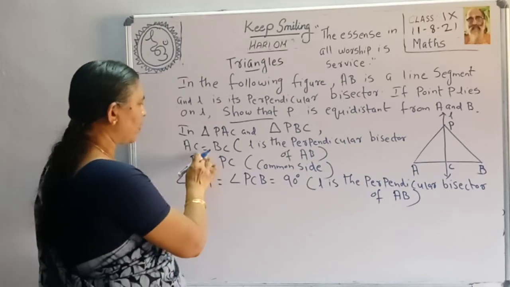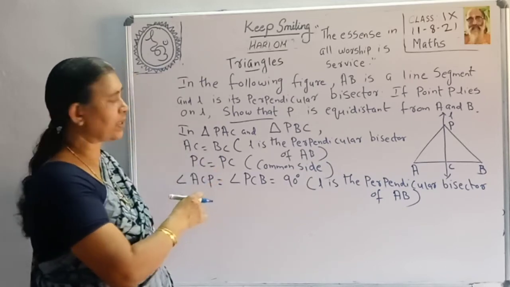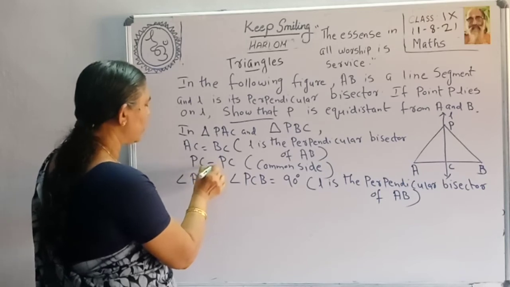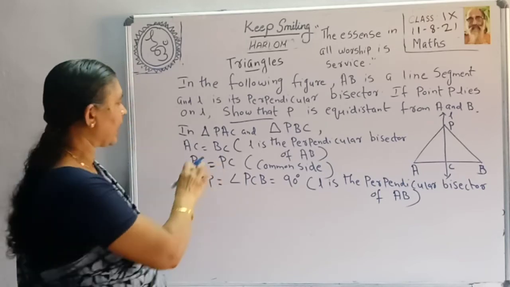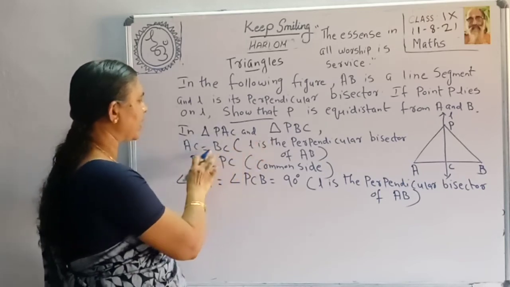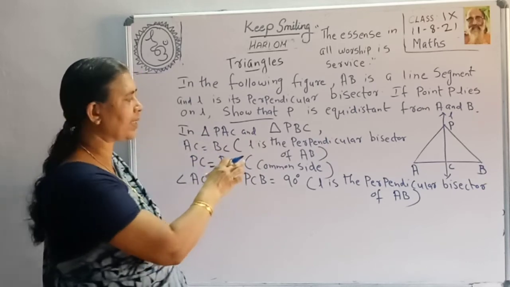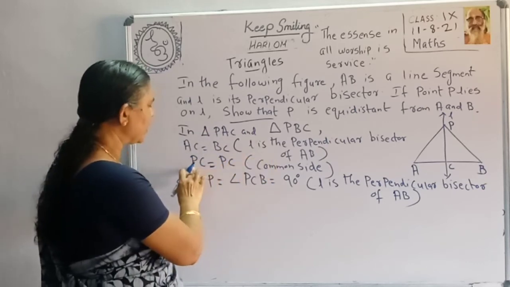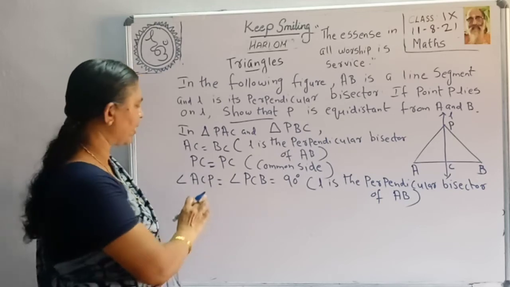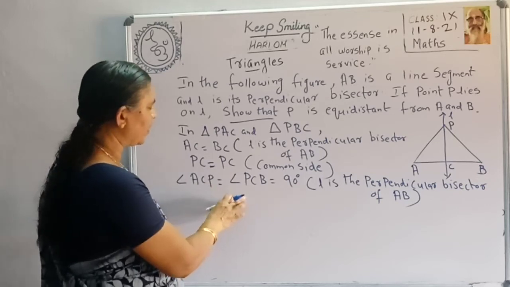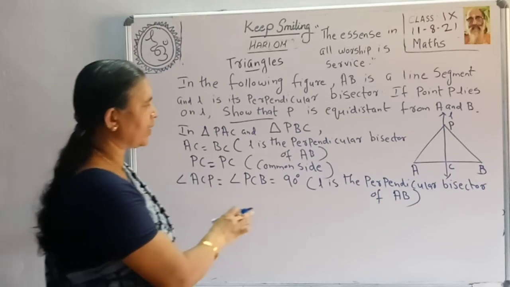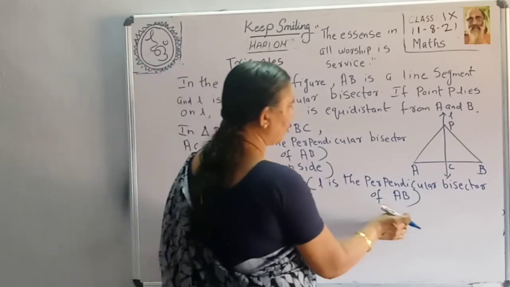Then, which congruence rule can we use to show the triangles are congruent here? In triangle PAC and triangle PBC, AC is equal to BC because L is the perpendicular bisector of AB. PC is equal to PC, the common side. And angle ACP is equal to angle PCB, both are 90 degrees because L is the perpendicular bisector of AB.